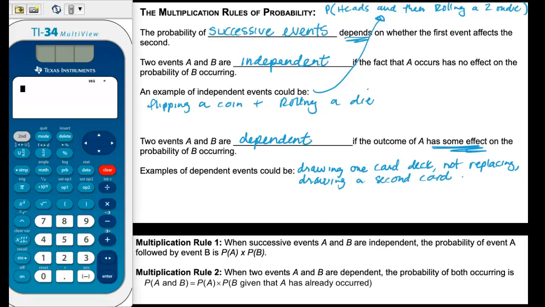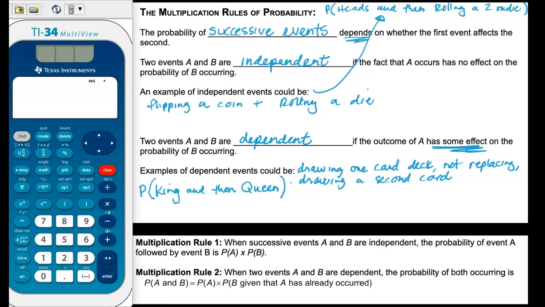A probability question pertaining to this experiment might be: what's the probability of picking a king in a deck of cards and then a queen? Those would be dependent events.